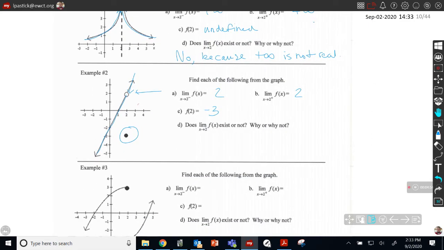Limit from the left, 2, limit from the right, 2. They both equal the same number, so the answer is yes.